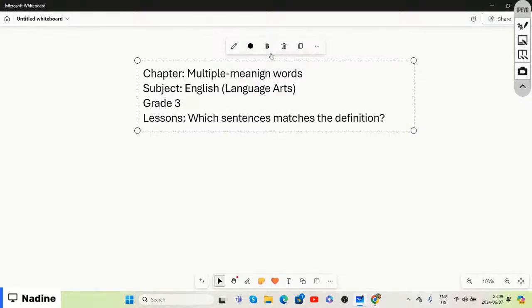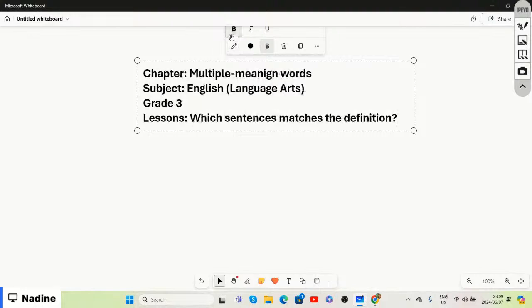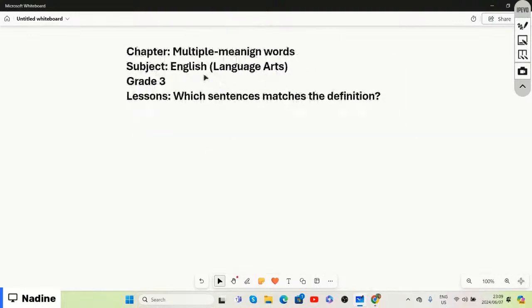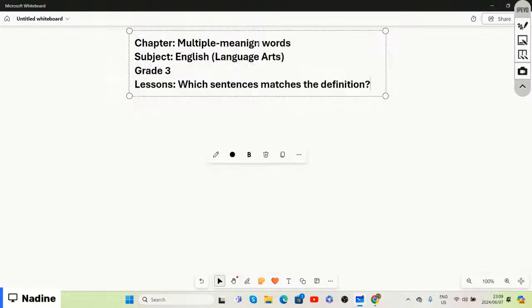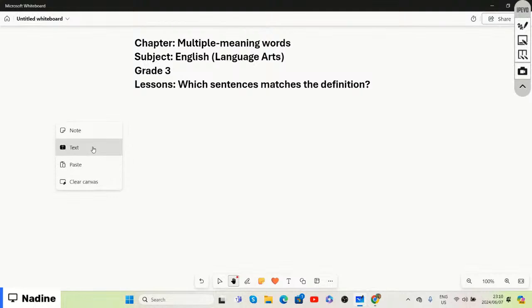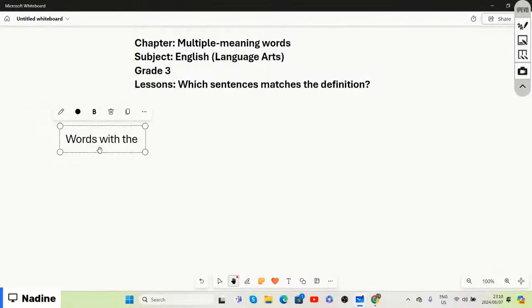All right. So we're going to find out about a few words that are multiple meaning words. Multiple meaning words can be words with the same letters, or let's say words with the same spelling, but the meanings of the words are different.